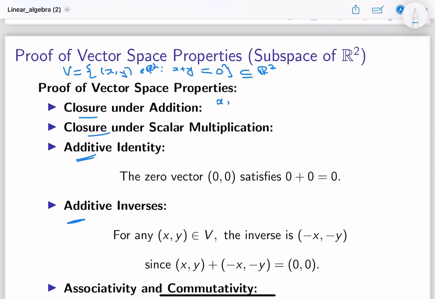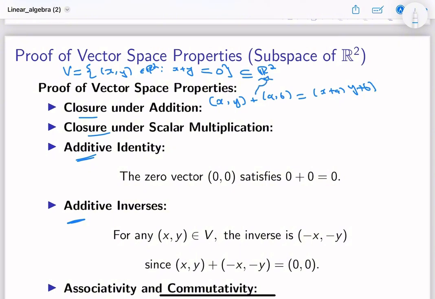If you take any two elements, x, y and a, b, how are we going to add these? We add the first to the first, x plus a, and then y plus b. This is because we're using the same plus of R2, right?